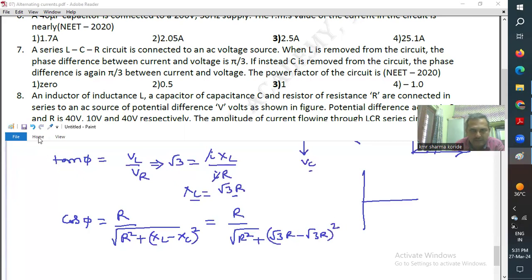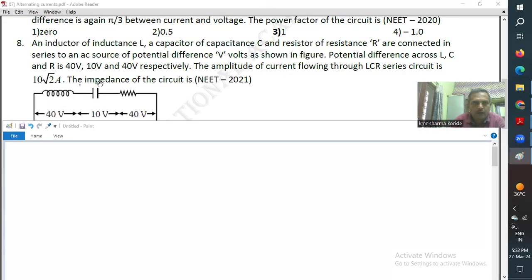Since both the quantities are the same, they get cancelled. So everything is under root. These two get cancelled. You will get R by root R square, so R by R only. These two get cancelled, so it is going to be 1. Moving to the next question.